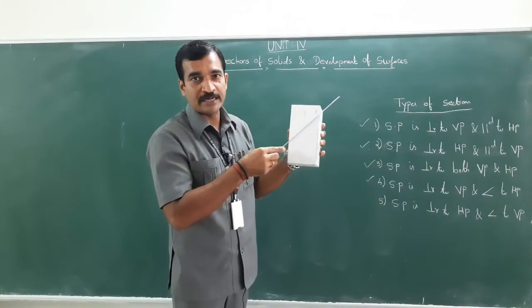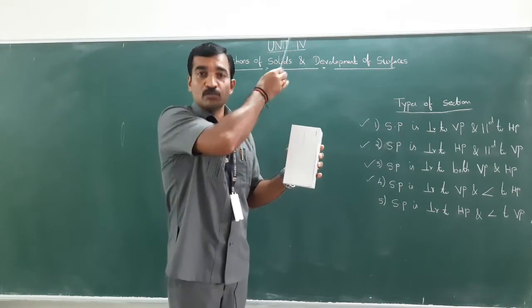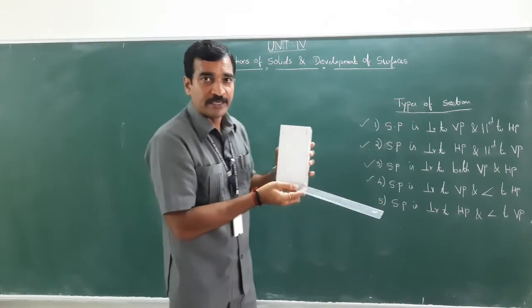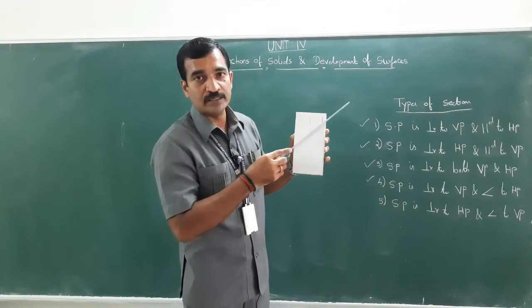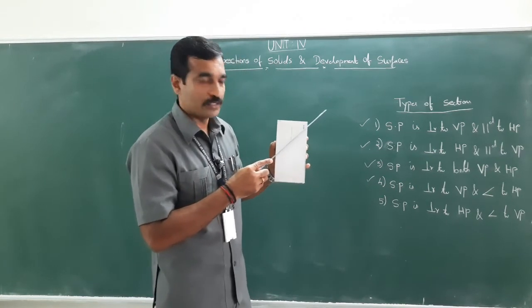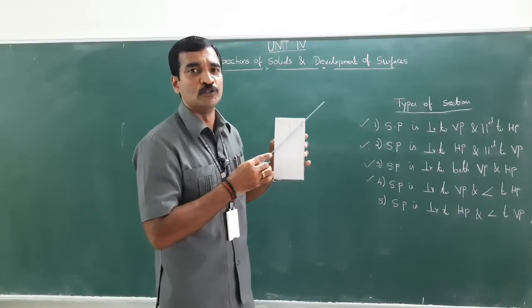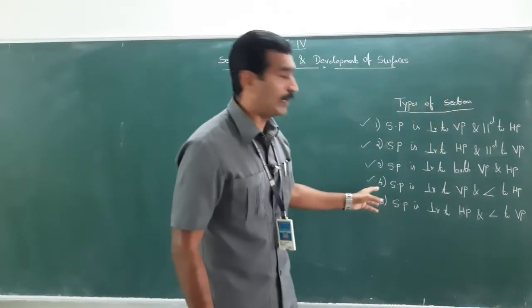So this top portion would be the removed portion and the balance portion would be the remaining portion. So the cut would be in this manner only. So now the section plane is making some inclination with HP and is perpendicular to VP. This satisfies condition number 4.